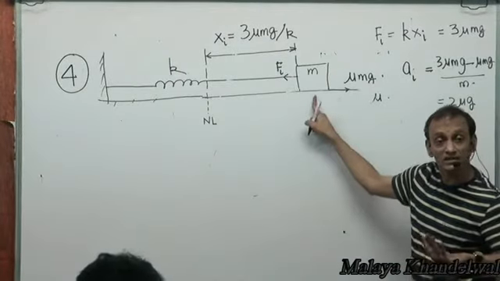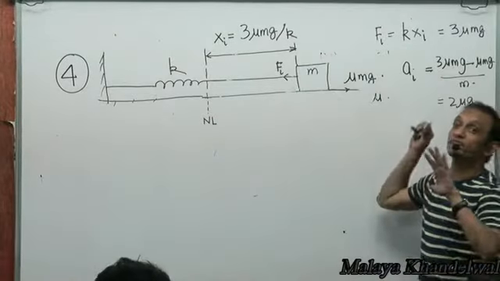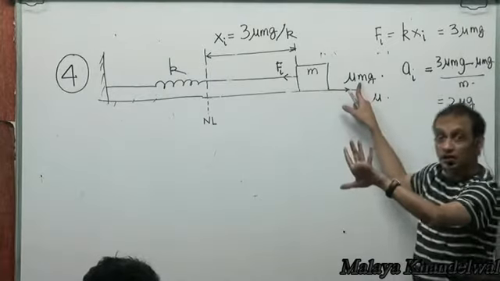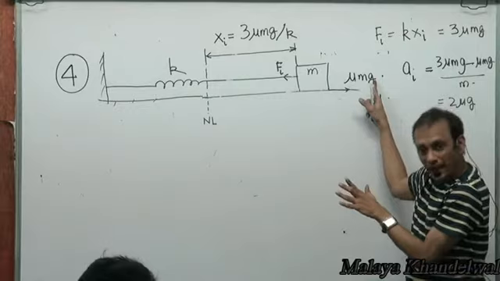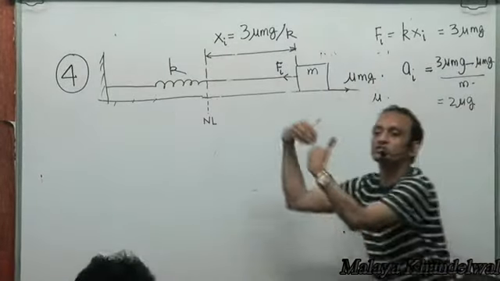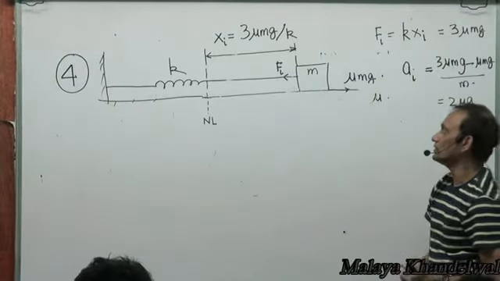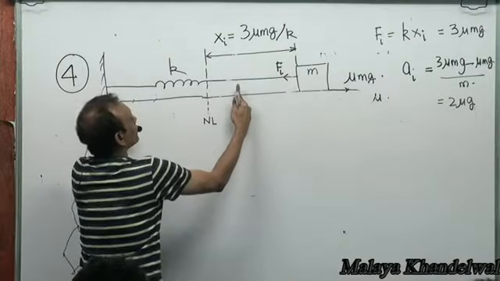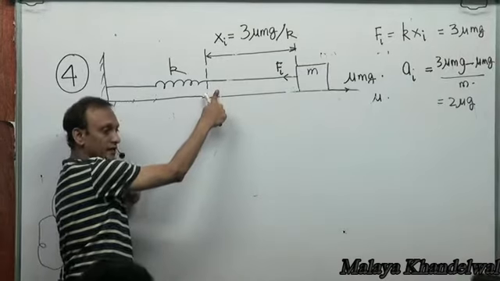It starts from rest. Now the mass is obviously going to develop velocity leftwards because spring force initially, and for a while, will be larger than maximum static friction. Spring will then keep coming closer and closer to its natural length.